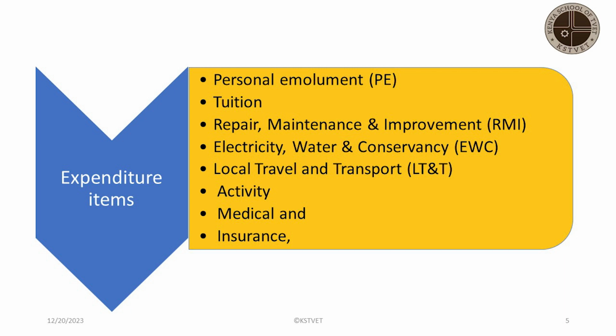Local travel and transport. 5. Activities, probably students going for extracurricular activities. 6. Medical for the workers. And 7, insurance coverage for both the workers and assets, among others. Note that all the above are referred to as vote heads, that is, units of expenditure.